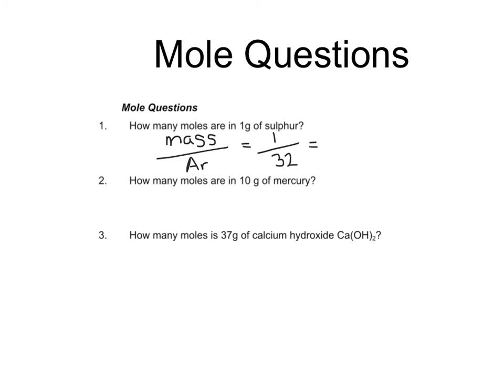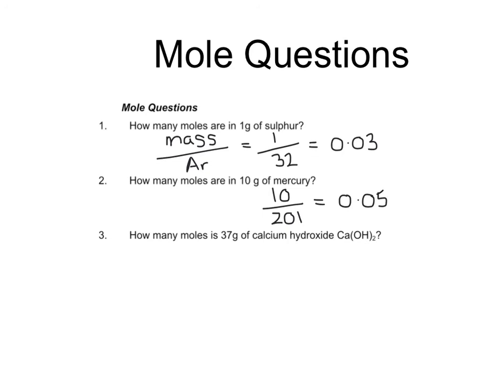I can work out that there are 0.03 moles in 1 gram of sulfur. How many moles in 10 grams of mercury? Well, it's the mass divided by the AR. Mercury's relative atomic mass, read from the periodic table, is 201. I can work out that there are 0.05 moles.